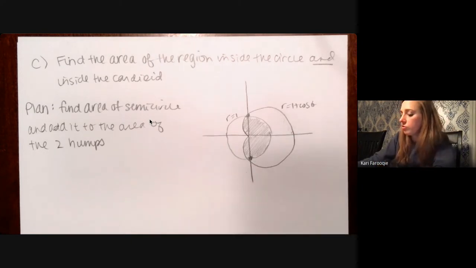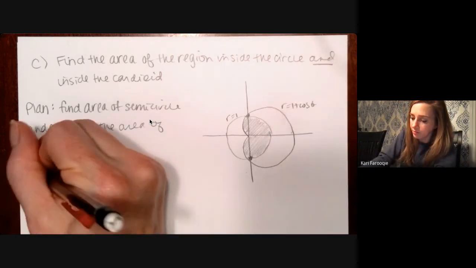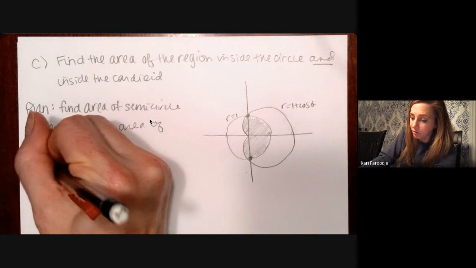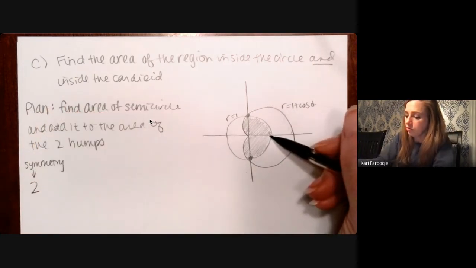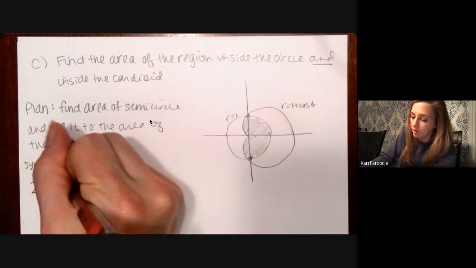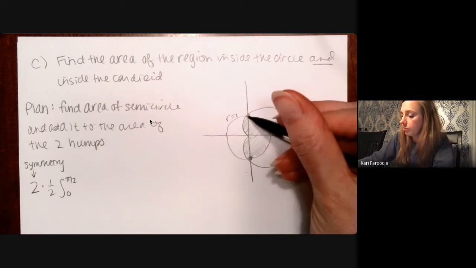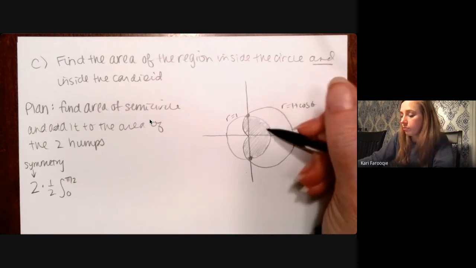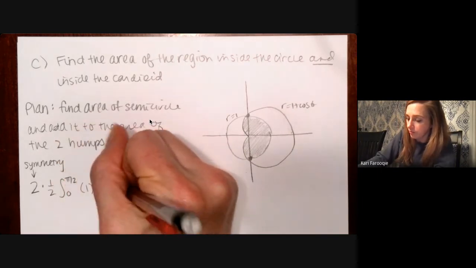So what I'm going to do is I'm going to take twice for symmetry, because I'm just looking right now at quadrant 1, the area from 0 to pi over 2. And remember, the 1/2 is just part of your formula. So I'm going from 0 to pi over 2 of 1 squared d theta.